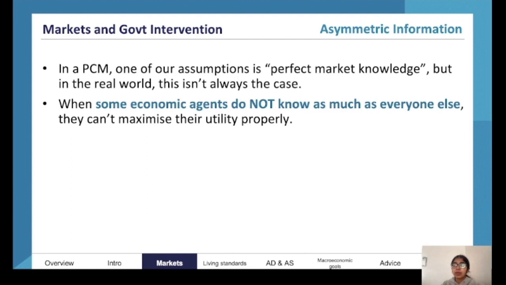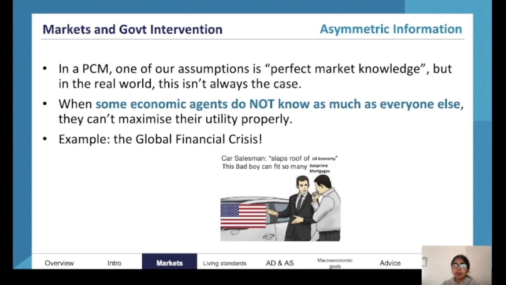This is where economic agents don't know as much as everyone else. Another example, global financial crises. Again, it's about mortgages, banks not knowing whether people can afford them or not.